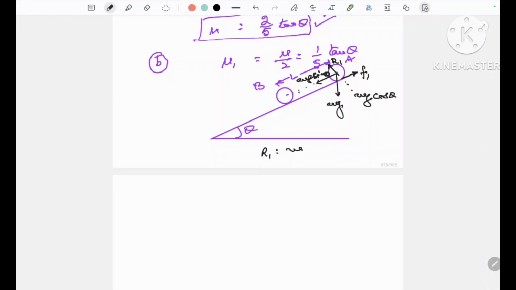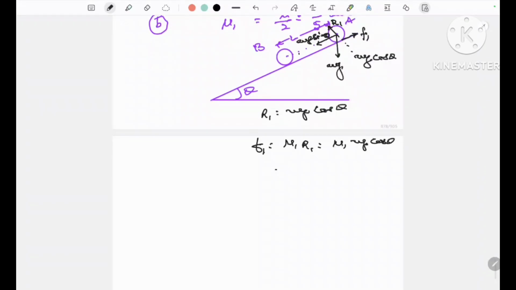R1 is equal to mg cos theta, so F1 will be mu1 R1, that is mu1 mg cos theta, which is 1/5 tan theta into mg cos theta, which is 1/5 mg sin theta.